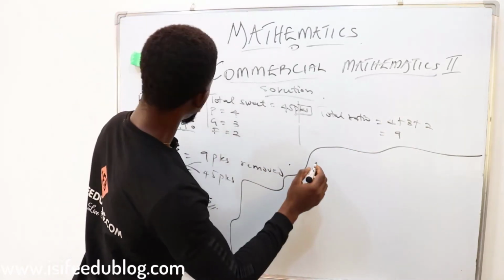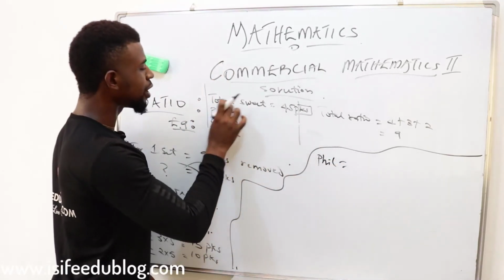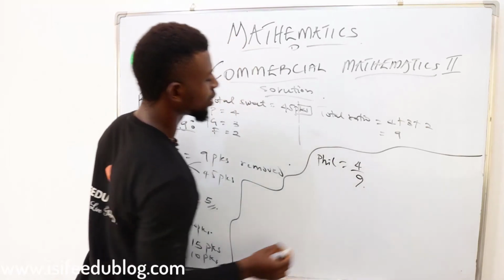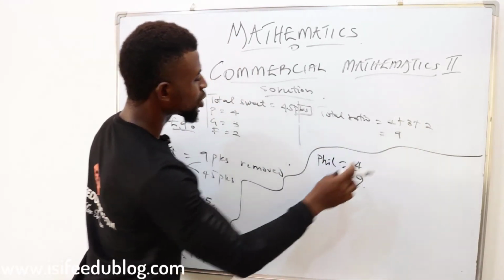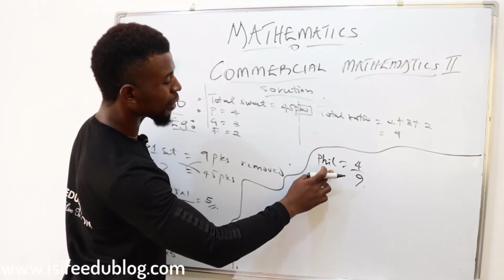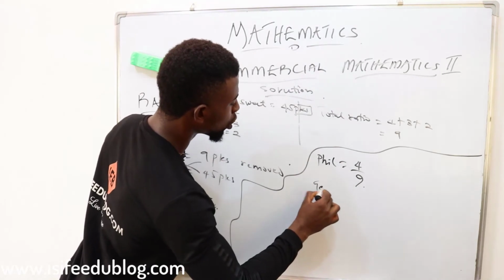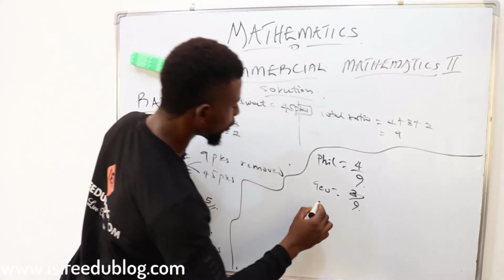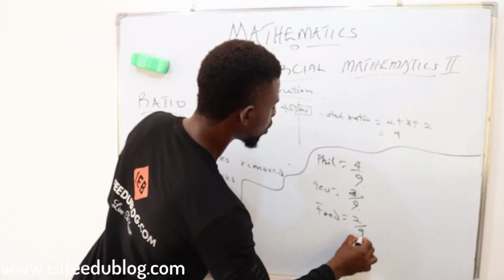Which means that the fraction that Phil possesses will be 4 out of 9. Okay, remember in each set we have 9, right? So Phil's fraction for every set will be 4 over 9. And the fraction for Joe will be 3 all over 9. And the fraction for Fred will be 2 all over 9.